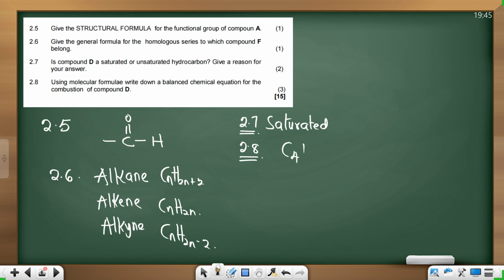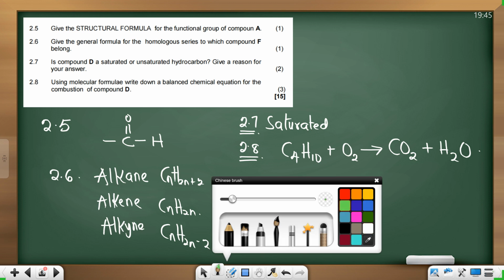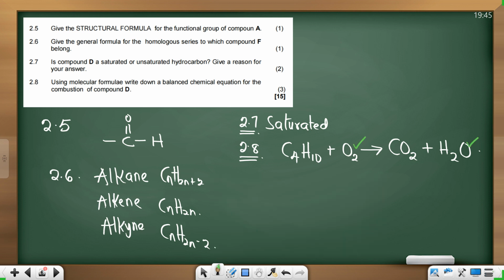So what do we have? C4H10 plus O2, guys. This will always give you what? Carbon dioxide plus water. Now that is 2 marks. 1, 2. Everyone, please balance. Balance it.